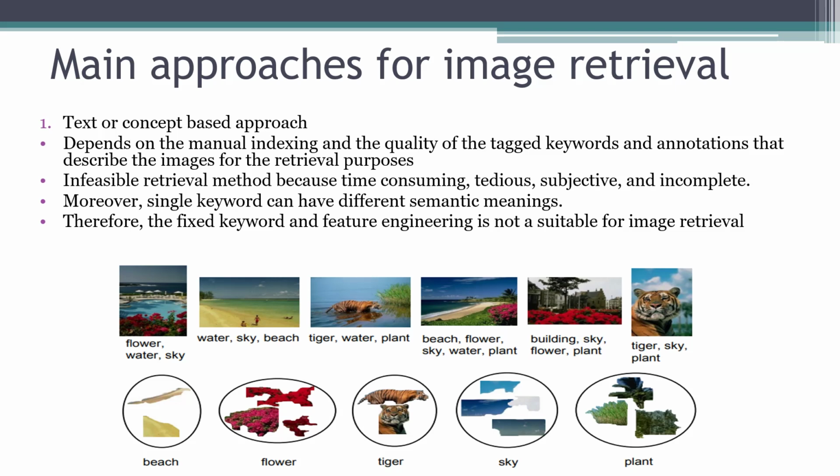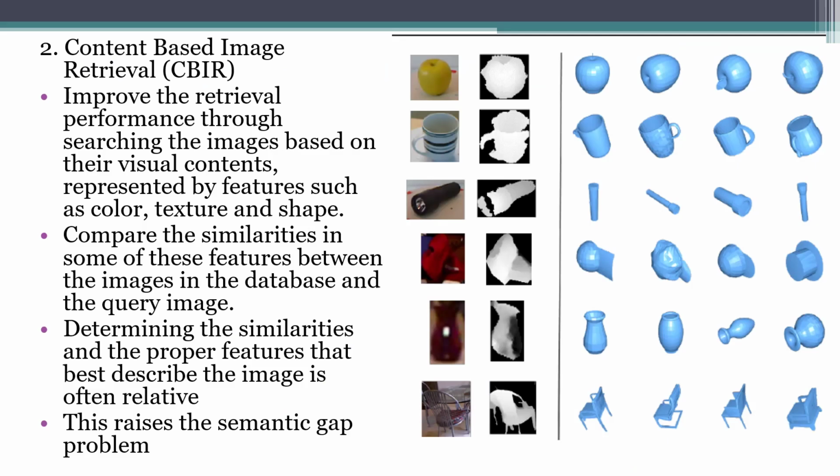All these factors indicate that fixed keywords and feature engineering are not suitable for image retrieval, especially for large-scale image databases. On the other hand, the second approach, which is CBIR, overcomes these limitations and slightly improves the retrieval performance by searching for the image based on its visual contents represented by its low and middle level features such as color, texture, and shape, then comparing the similarities in some of these features between the images in the database and the query image.